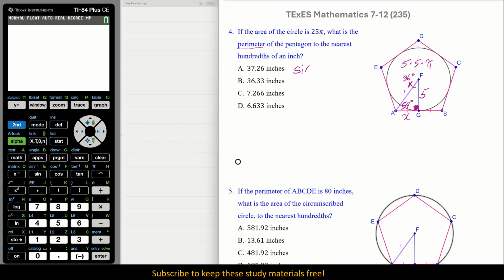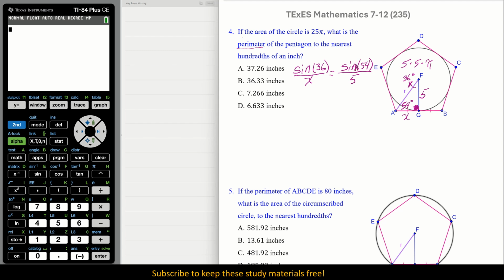We need the sine of 36 over x is equal to the sine of 54 over 5, okay? All right.